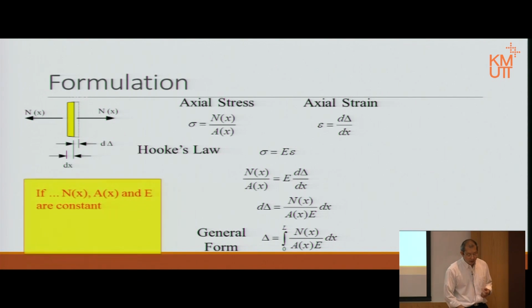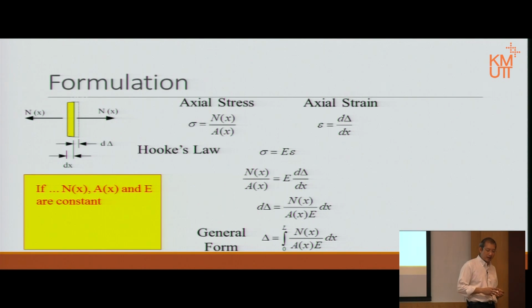Therefore, in most cases, we can say that N could be constant or assumed to be quite constant. We discuss it later in the higher subjects. The cross-section area is mostly constant. And of course, the Young modulus, if you don't change the material, the E is the same.